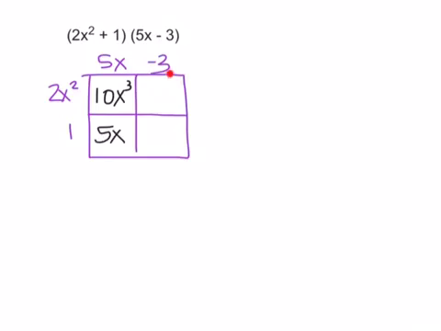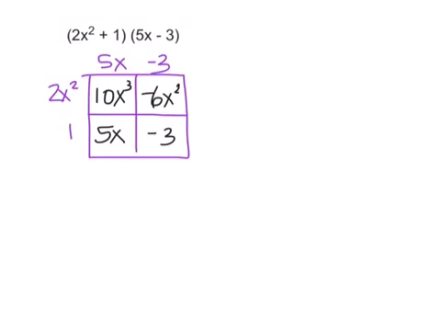Then we have 2x squared times negative 3. 2 times negative 3 is negative 6, and then we still have the x squared. And lastly, we have 1 times negative 3, which will be negative 3 in this square. Looking for like terms, we see an x to the third term, an x to the second term, an x term, and a constant.